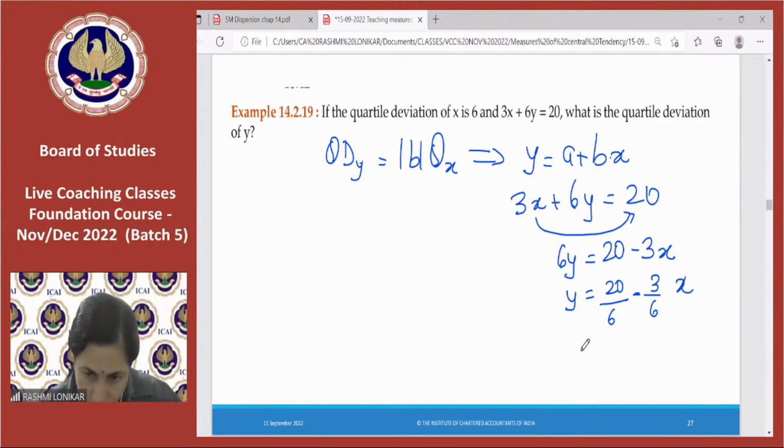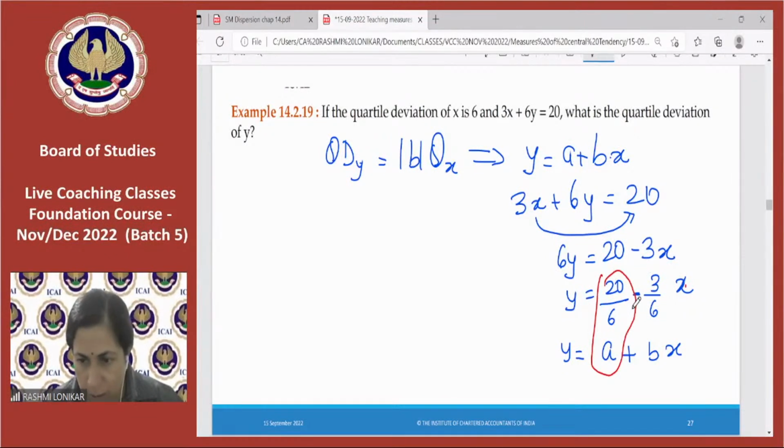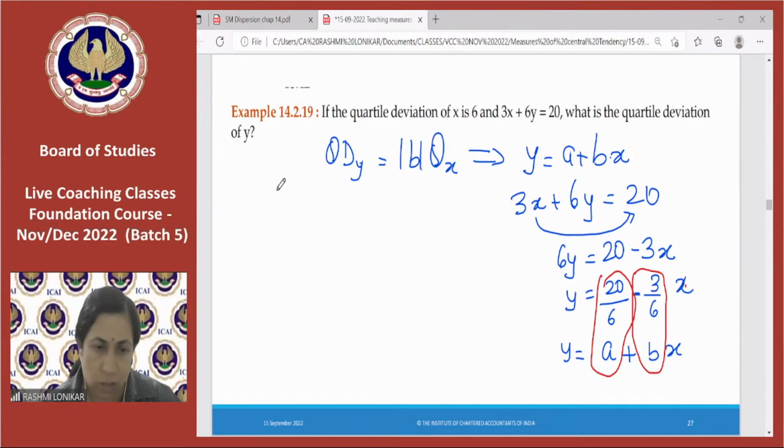And what do we need? y is equal to a plus bx. So I get a is equal to this, and b is equal to minus 3 upon 6, which is equal to half.